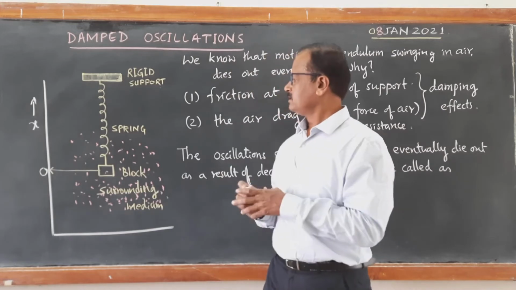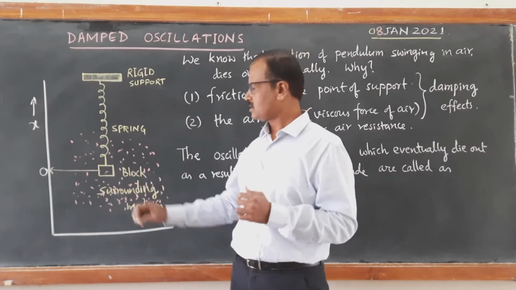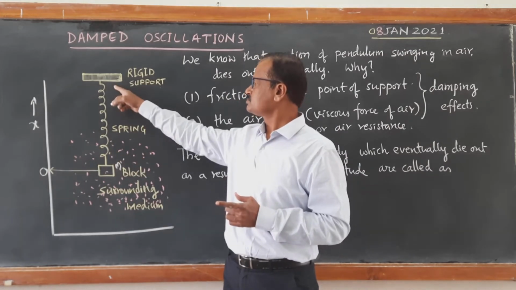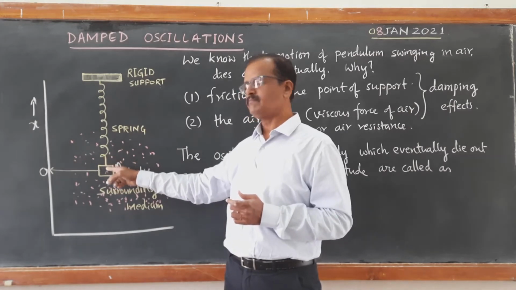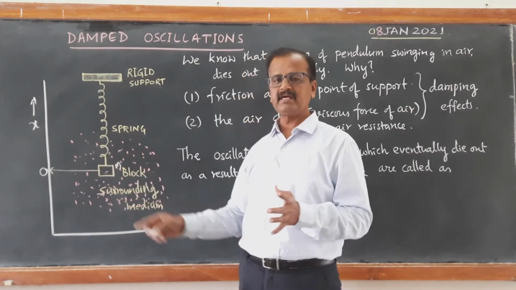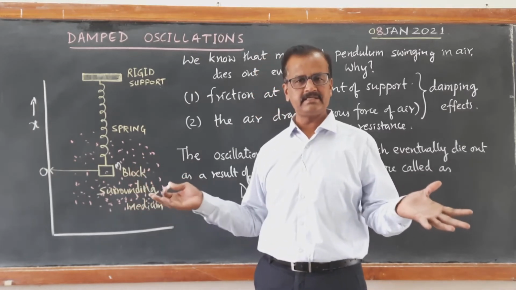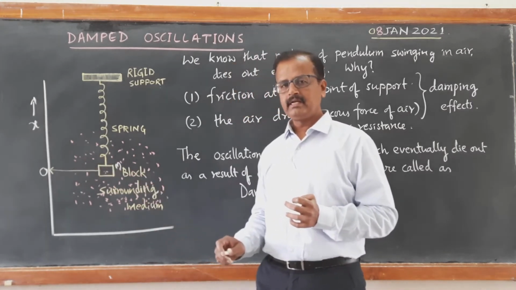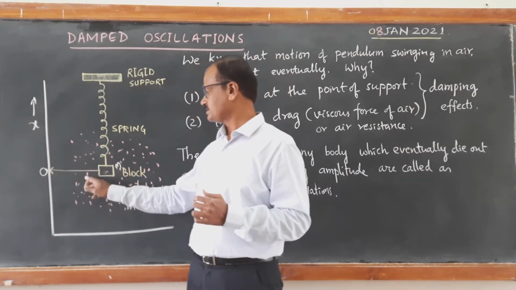Now let us study one particular case. Consider a spring attached with a block of mass m. This is a spring connected to a rigid support here, and the block m is connected at the bottom so that it can oscillate freely in the air. This is the surrounding medium, represented here by dots as air. Initially, before it is pulled down, let its equilibrium position be shown at the 0 mark, zero displacement.